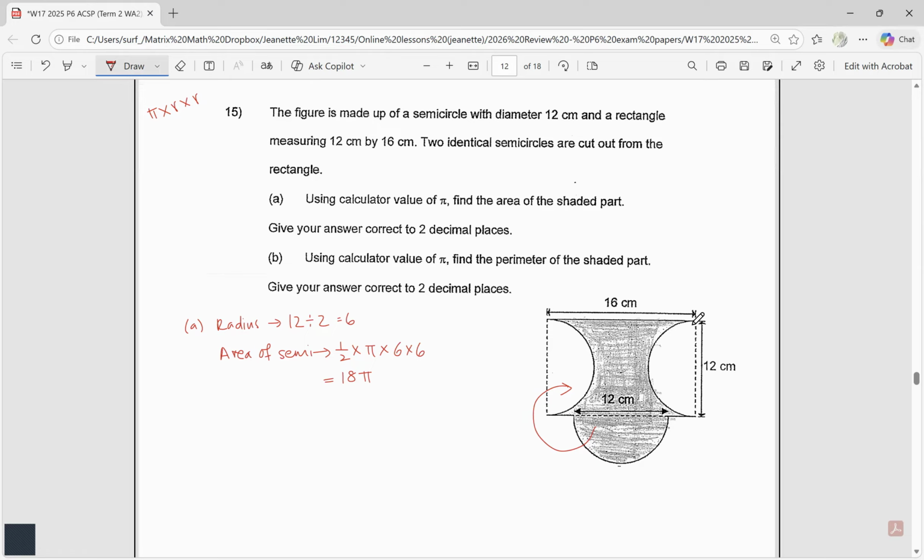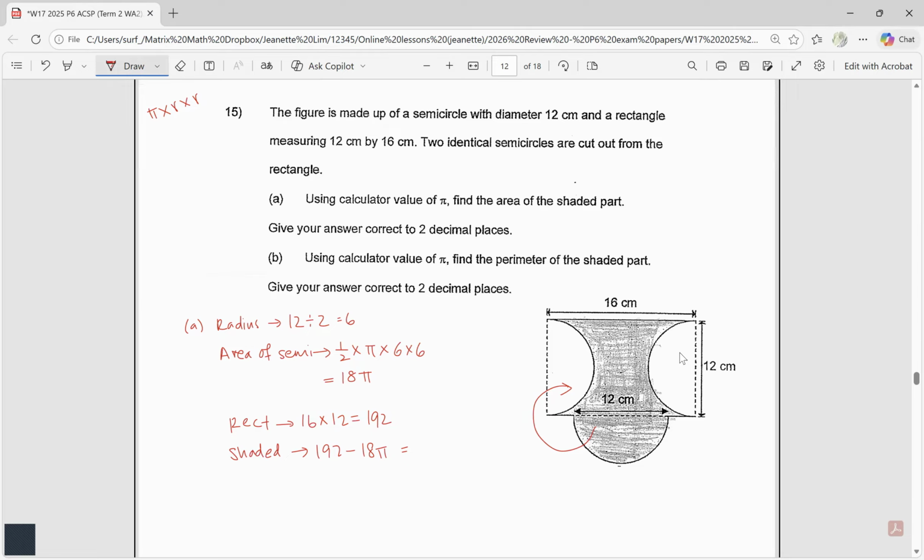Now I need to find the rectangle, and then I minus one semicircle. After shifting this semicircle, it's actually one rectangle minus one semicircle. So your rectangle is 16 times 12, 192. So shaded would be 192 minus 18 pi.